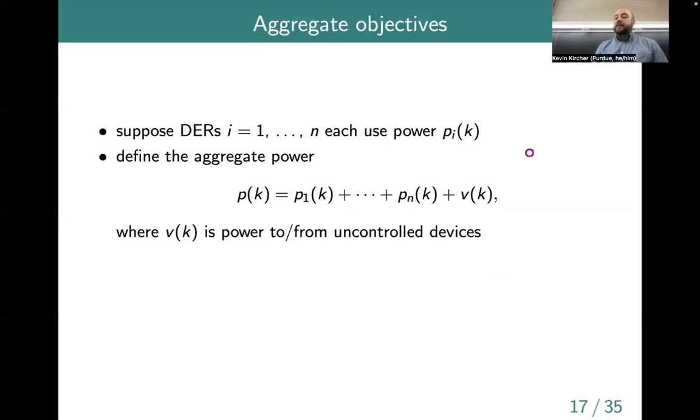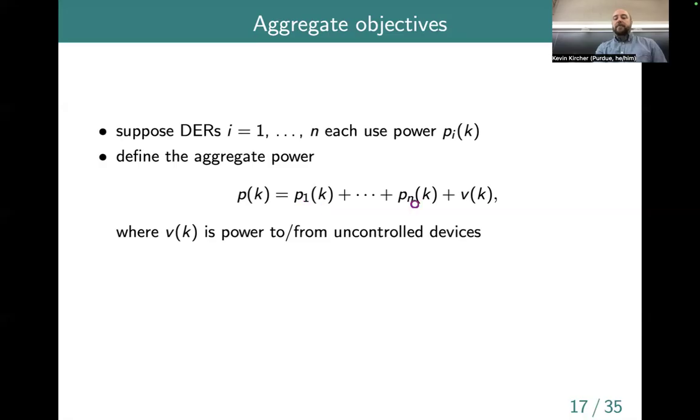We could also aggregate over a number of DERs. Sometimes controlling one DER is interesting, but other times we might have 100 or 1,000 of them in a fleet, and we're interested in shaping the overall load profile by adding up all of those different devices. So aggregating here just means adding up over devices. Suppose we have devices 1 through n. Each of them is consuming power Pi, or if it's negative, power sent back out to the grid.